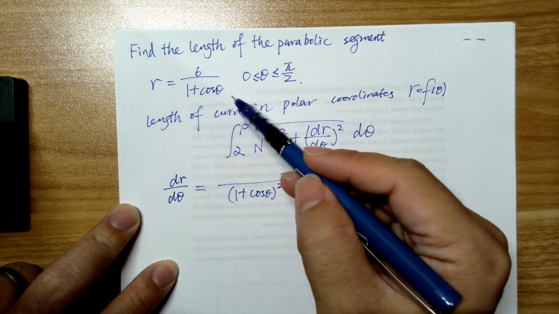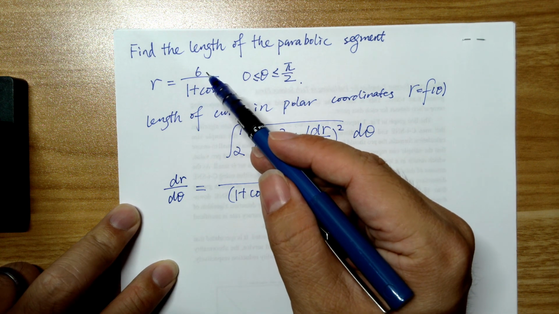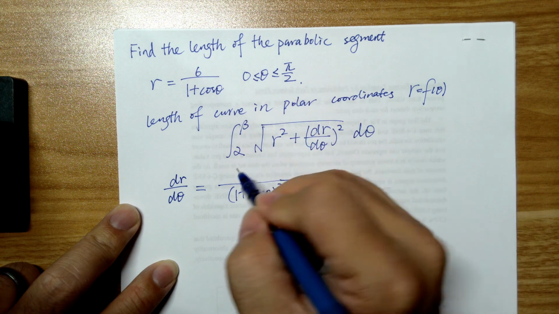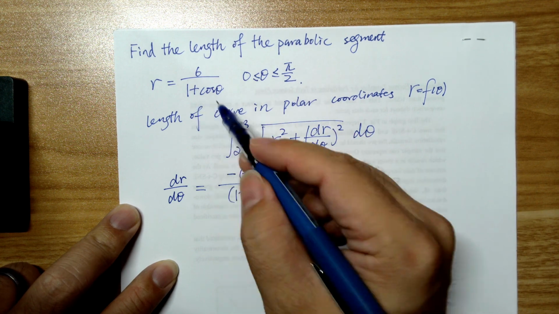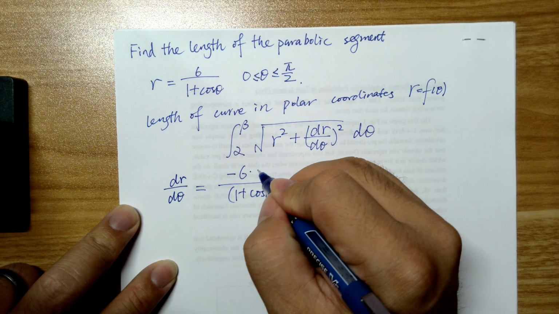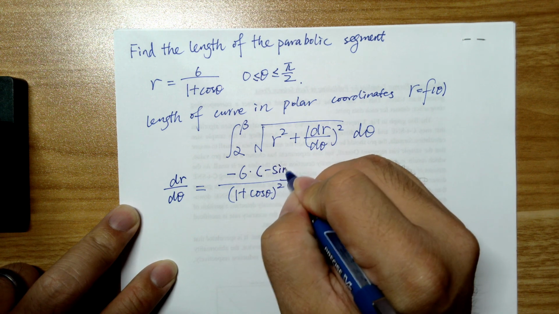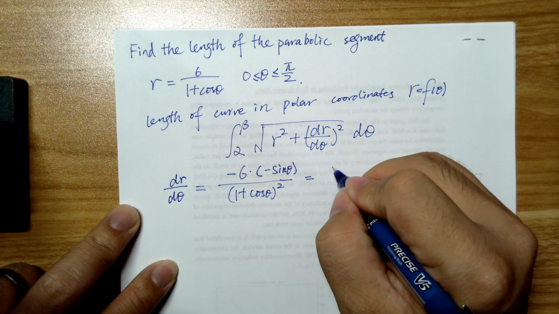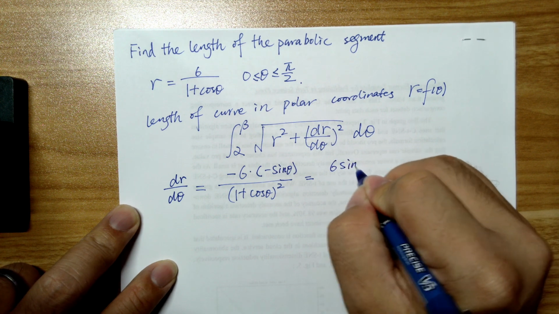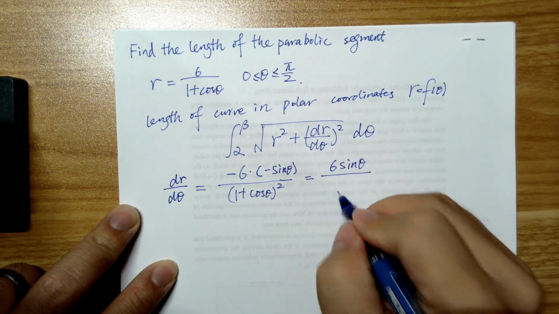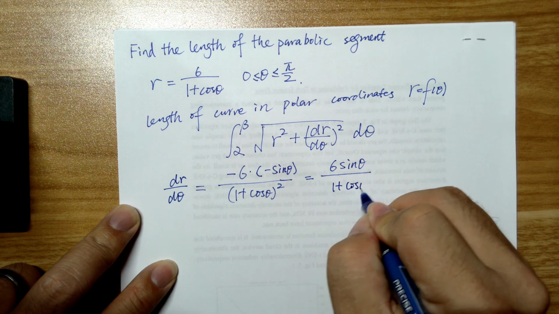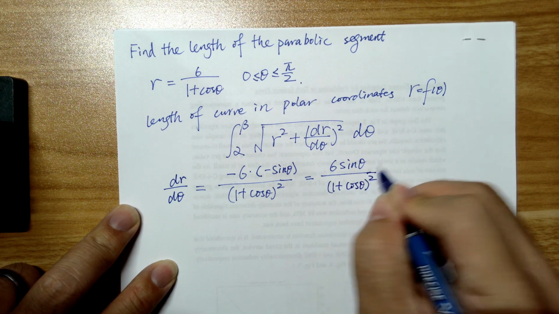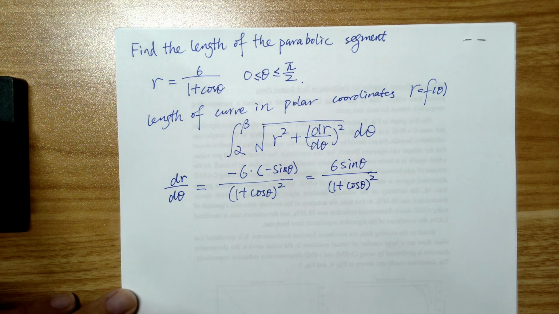So it's this times the derivative of 6, and then minus 6 times the derivative of the denominator, which gives us negative sine theta. So it turns out this gives us 6 sine theta over 1 plus cosine theta squared. Okay, so we got our dr d theta.